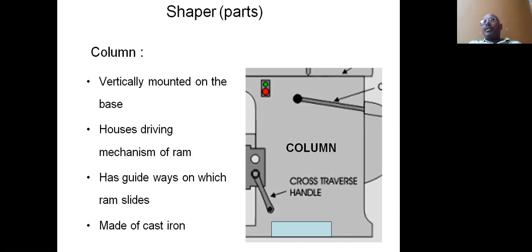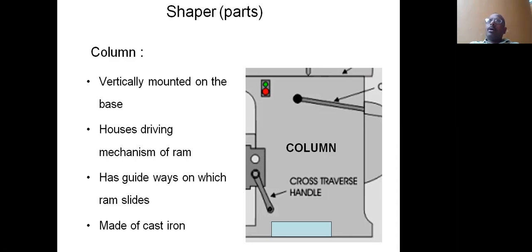Second, the ram slides continuously with varying velocities. This column also carries the driving mechanism and the required power source, that means the motor. So this column is always subjected to vibrations.